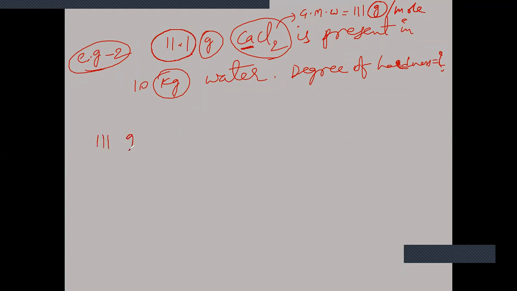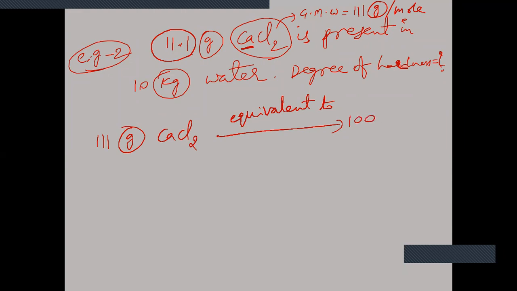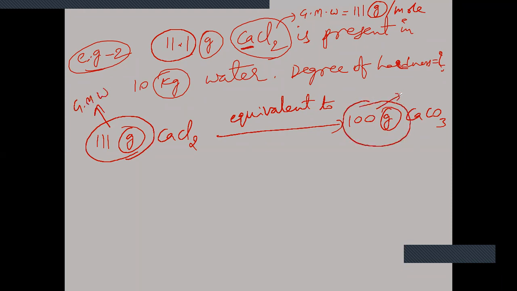Now 111 grams, that's the gram molecular weight of CaCl2, is equivalent to 100 grams of CaCO3. Here 100 grams is what now? The gram molecular weight of CaCO3. So this is the gram molecular weight of CaCl2, and this 100 grams here is the gram molecular weight of calcium carbonate.